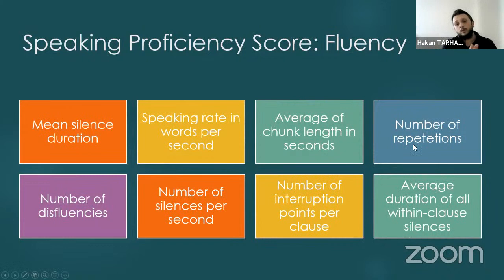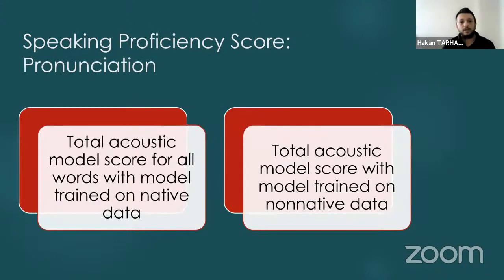So for example, they use rigorous statistics to measure fluency, but for another category like pronunciation, they have to rely on a corpus, on their corpus. This includes both native data and non-native data. So basically, the system works in a combination of statistical analysis and corpus comparison.